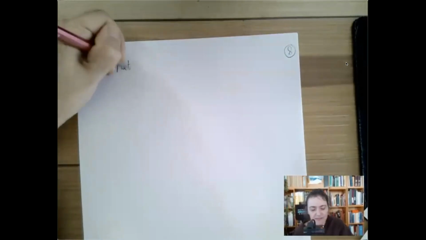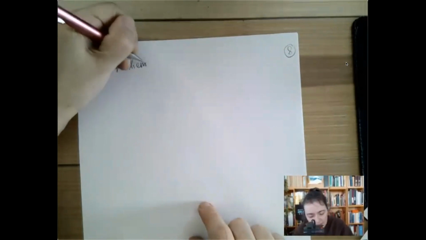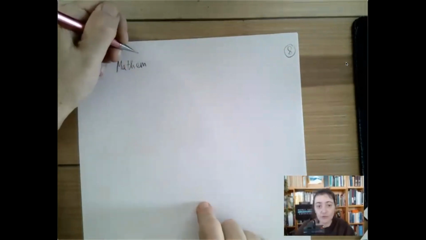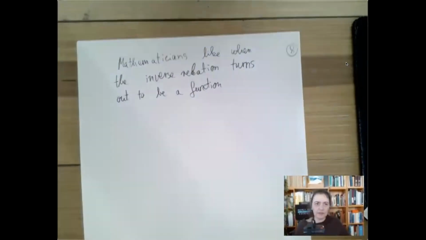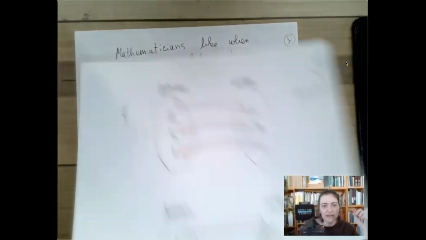Because operations. If you perform an operation, you want one result, not two or three. Mathematicians like when the inverse relation turns out to be a function.